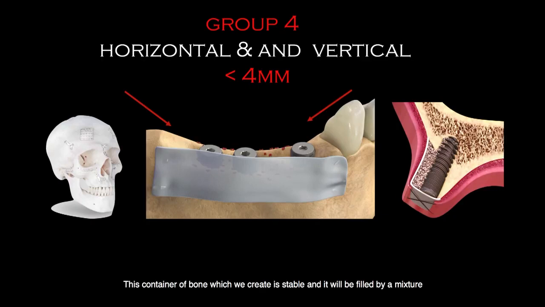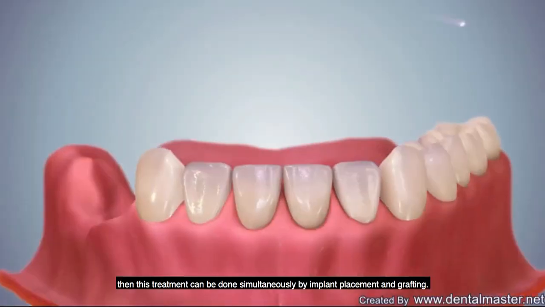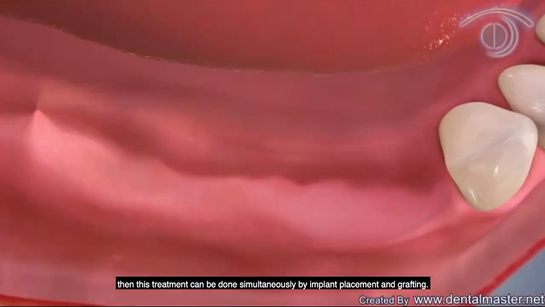This container of bone which we create is stable, and it will be filled by a mixture of autogenous bone, allogenic bone with bone substitute, which has to have the necessary bone potential. In this case, when the implant is inserted and it has only 2-3 millimeters of vertical bone loss, and this defect can be transformed with the membrane, with this plate, into a 3 bony wall defect, then this treatment can be done simultaneously, implant placement and grafting.